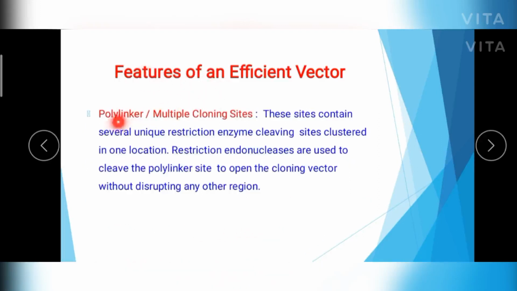The next thing is polylinker sites or multiple cloning sites, because to insert the target DNA or the desired gene into the vector molecule, the vector should first be cut. For example, if it is a plasmid, it is a closed covalent circular molecule, you have to open the circle.